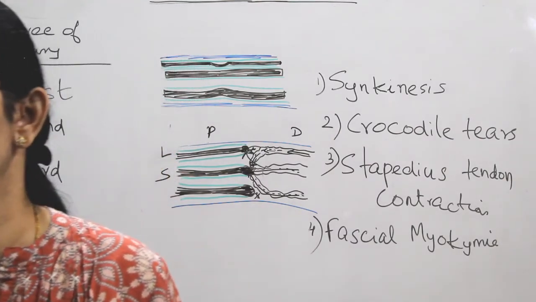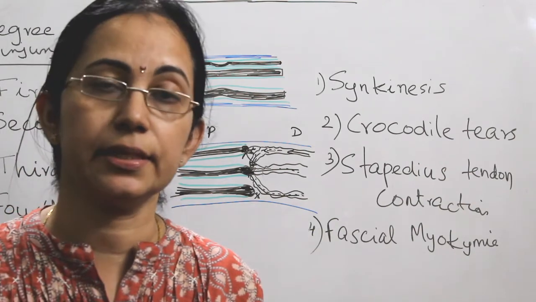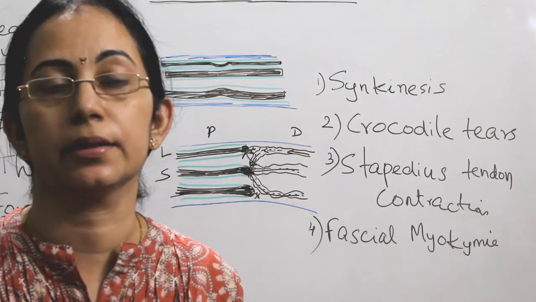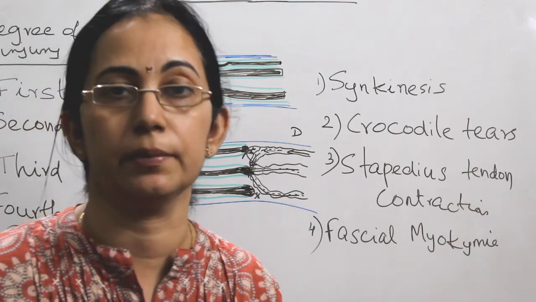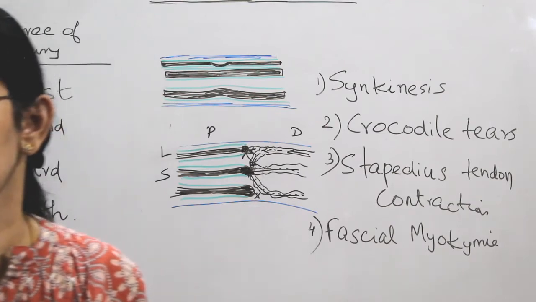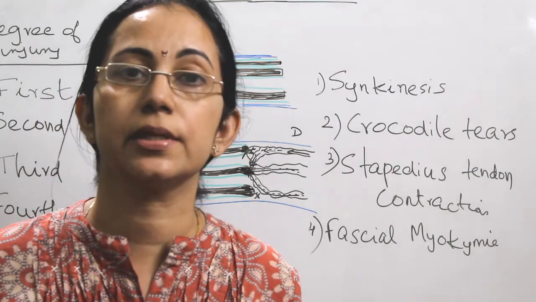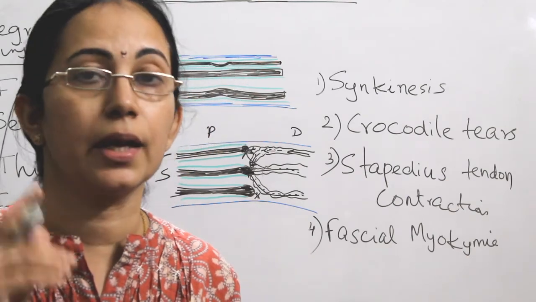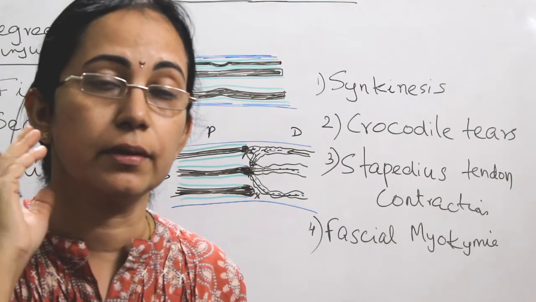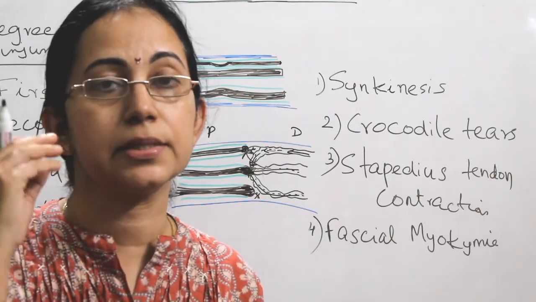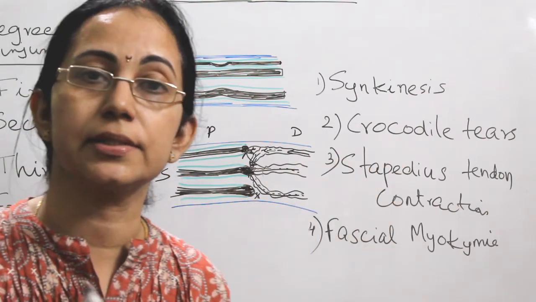So when the patient sees food or is eating, instead of salivary gland stimulation, the lacrimal gland will get stimulated. So there will be lacrimation. This should not be confused with Frey's syndrome, which is an auriculotemporal nerve syndrome. What is Frey's syndrome? That happens after parotidectomy. That is gustatory sweating, and gustatory sweating and crocodile tears are different.